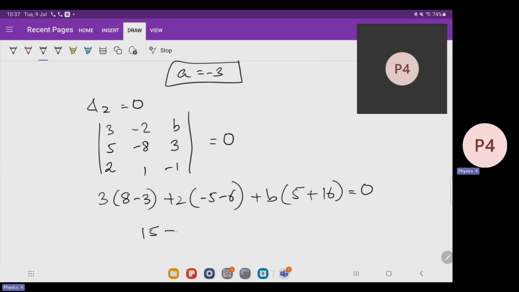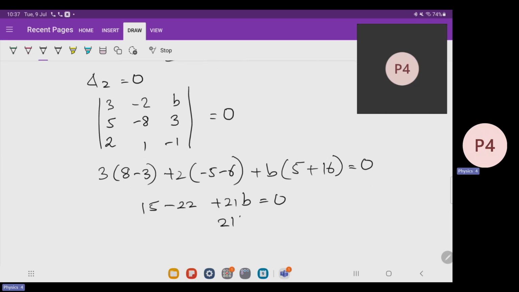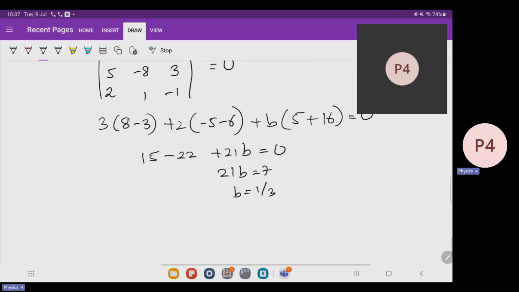This is 15 - 22 + 21B = 0. This is -7, 21B is 7, B is 1/3. So A is -3, B is 1/3. So AB will be -1. Option B.